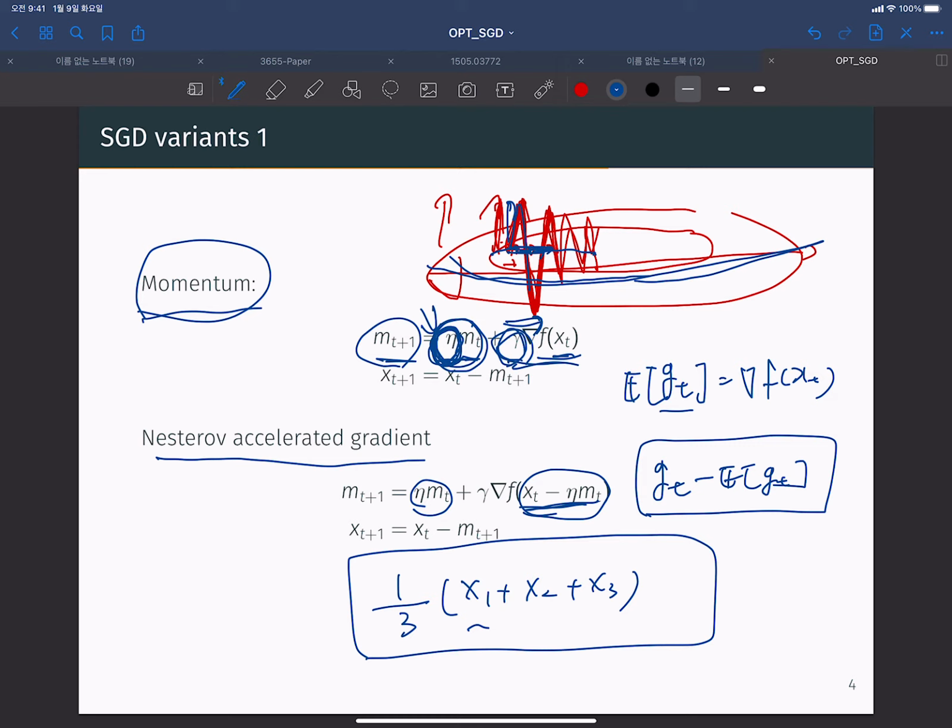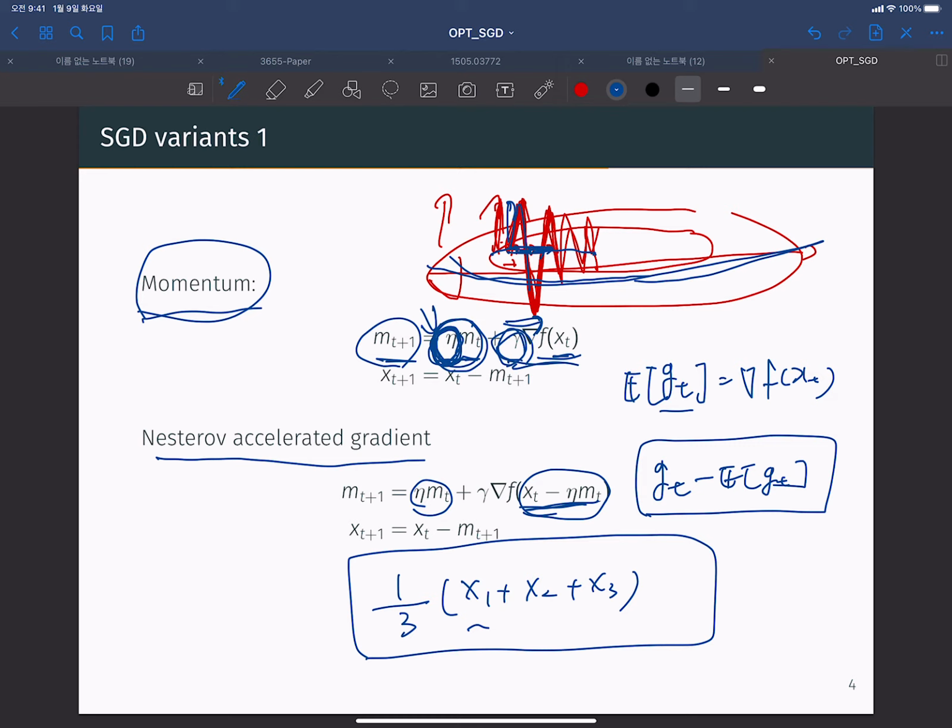Okay? So averaging is a very nice approach to reduce the variance of a random sum. So that's why momentum-type methods work very well with deep learning applications.